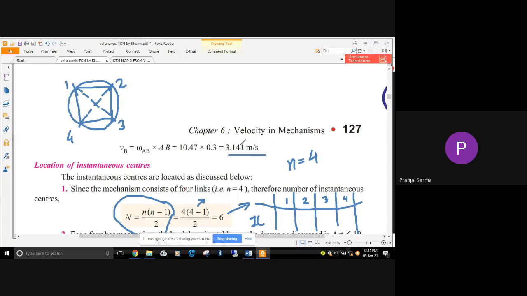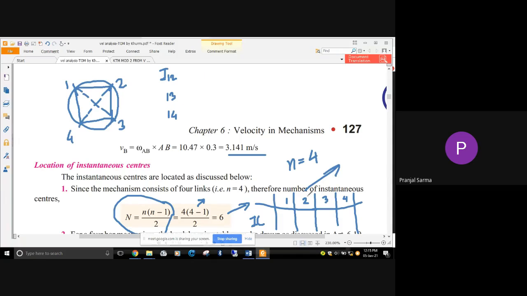If I look at this table, for link 1, what are the different instantaneous centers that I have? I have I12, that is the instantaneous center between 1 and 2. I am not writing the I repeatedly because writing it here is difficult. So I13, then I14.